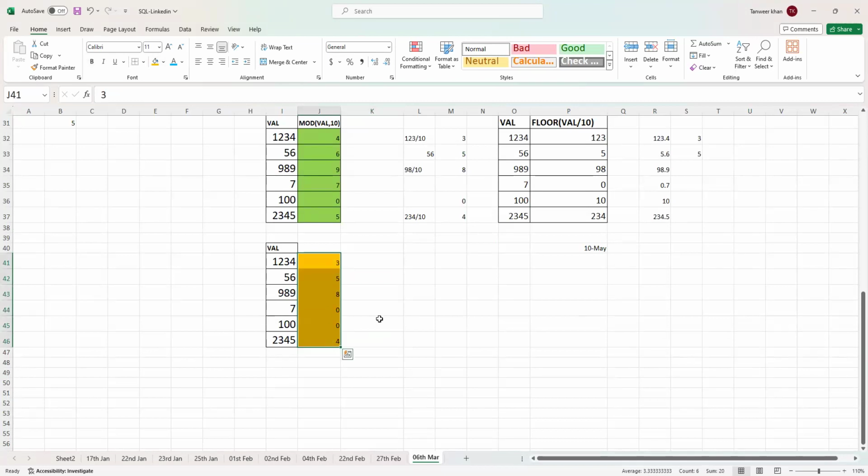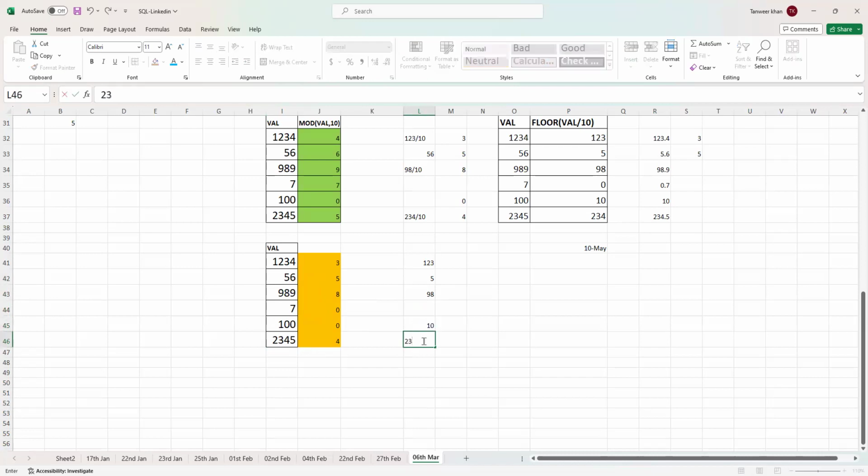To extract the tens place number, I am thinking that from these values, if I remove the unit digit, like in 1, 2, 3, 4, it will become 123. In 56, if I remove the unit digit it will become 5. 989 will become 98, right? And here you don't have anything, so leave it.